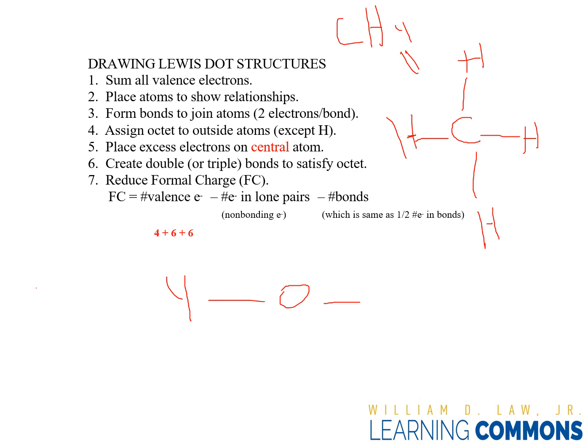Yeah, I remember I told you each line is represented by 2 electrons. So I have 8 electrons divided by 2, which becomes 4, and we end up with 4 minus 4 equals 0.